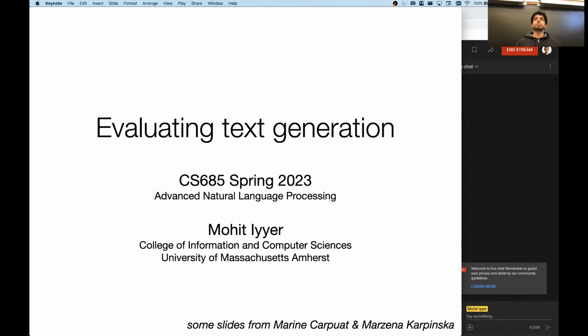And finally, we talked about aligning these models to human preferences, and this week we'll talk about evaluations of their outputs, and also on Wednesday we'll talk about some newer prompting strategies, and also how you can hook up these language models to external tools or APIs to further condition their outputs and improve their functionality, so you can make them issue commands on top of an existing API and have them do tasks for you.